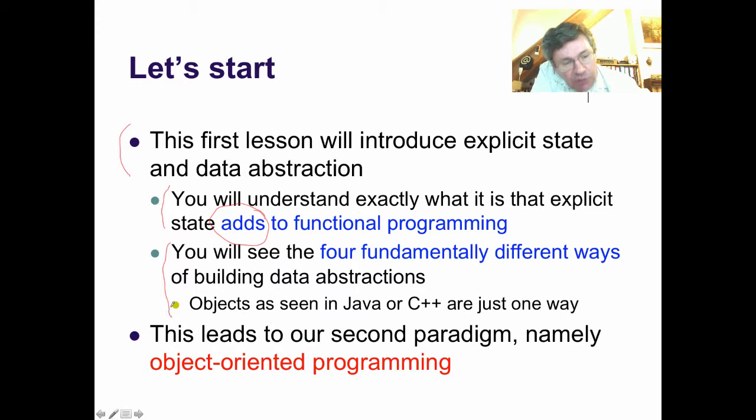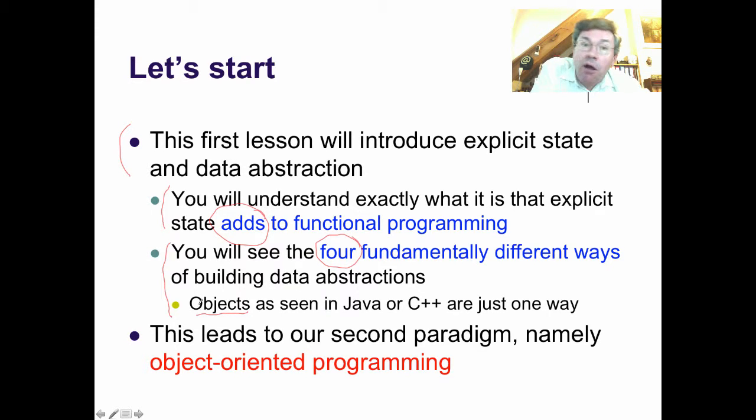You will also see how to build data abstractions. In fact, there are 4 fundamentally different, complementary ways of building data abstractions for a given set of operations. You can package them and get 4 different ways of looking at it. Objects are only one of these 4 ways.